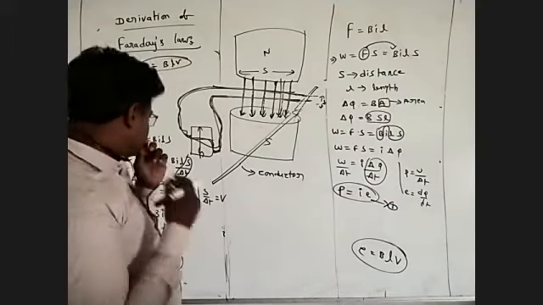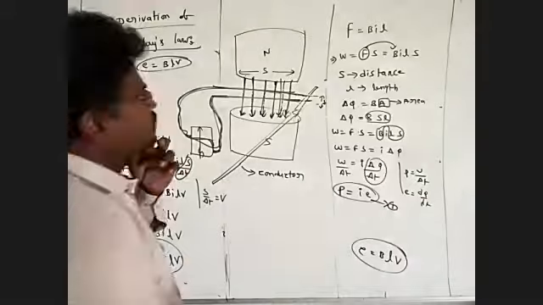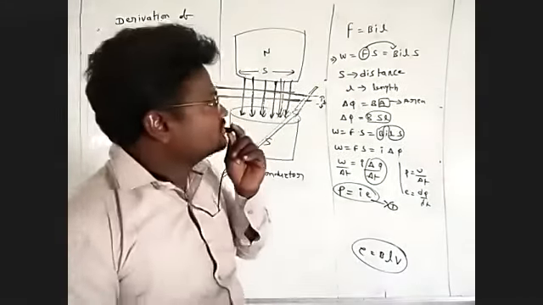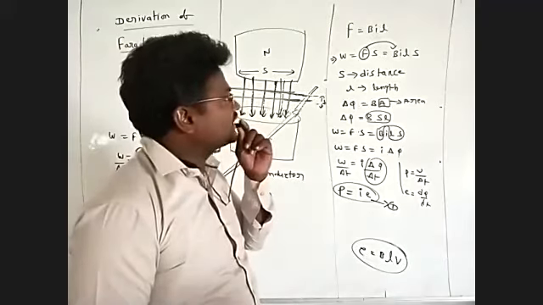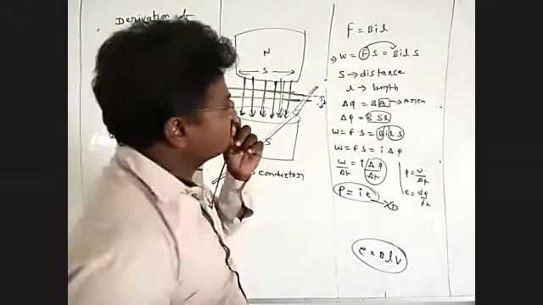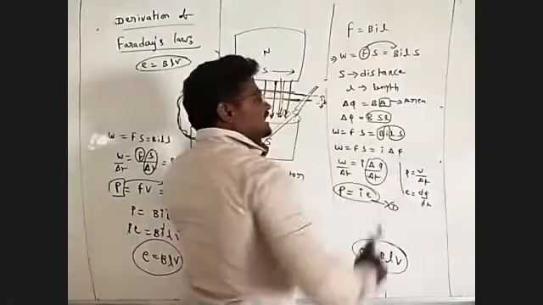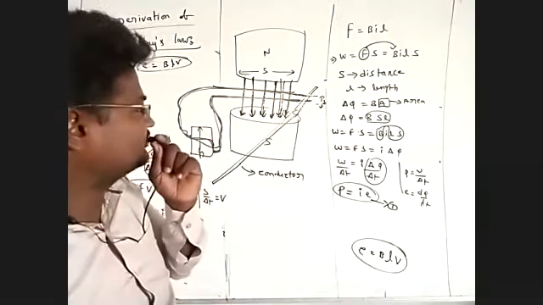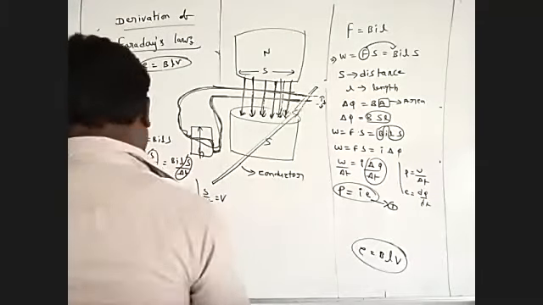So you see carefully, we know this equation very well: F is equal to B I L. This is the magnetic force acting on a current carrying wire placed in a uniform magnetic field. Now you will see what will happen in this situation.